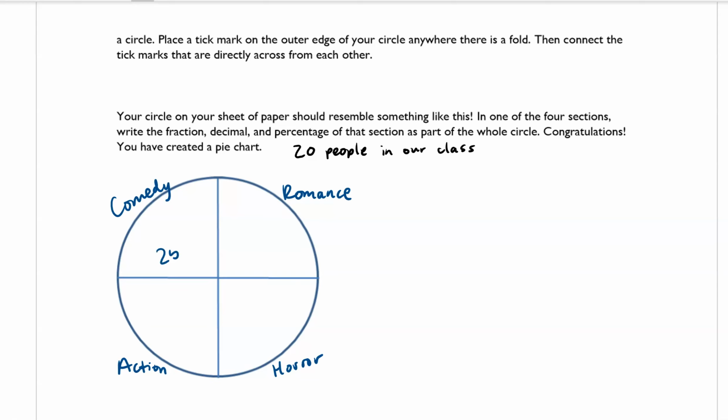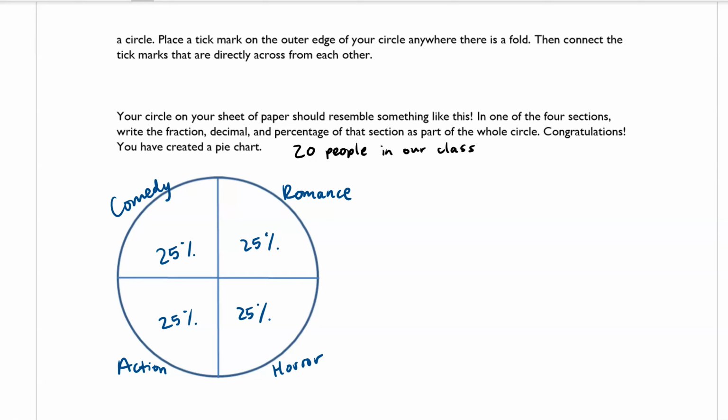So these are all 25% because all slices of the pie are equal and each of the 20 people were evenly divided into one of those 4 categories.